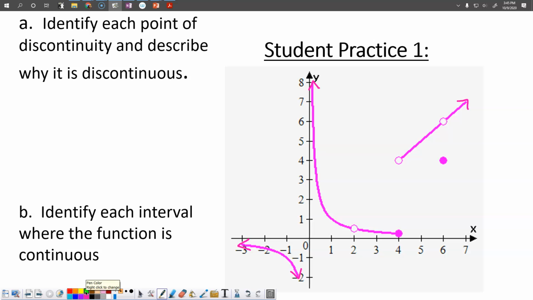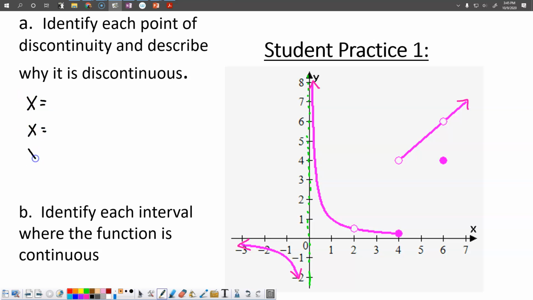Next, I'm going to tell you that we have a vertical asymptote right here. That's significant. Other than that, I'm going to let you see if you can find all the places where it's discontinuous. I will tell you this much: there are 4 places where it's discontinuous.